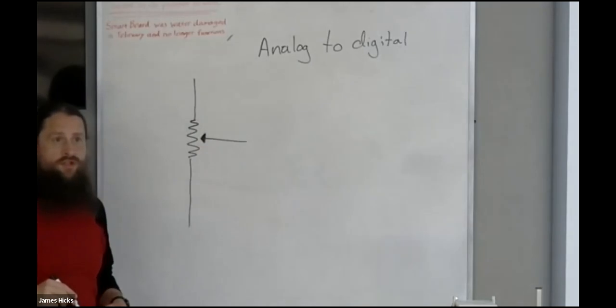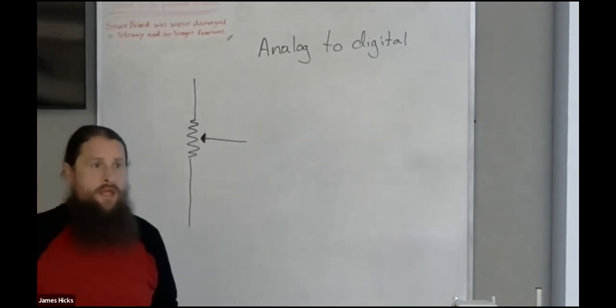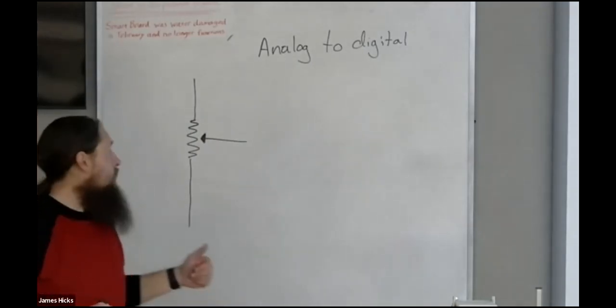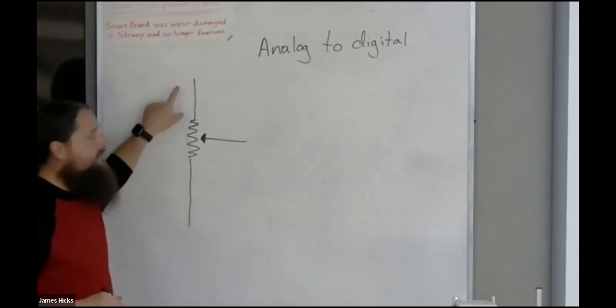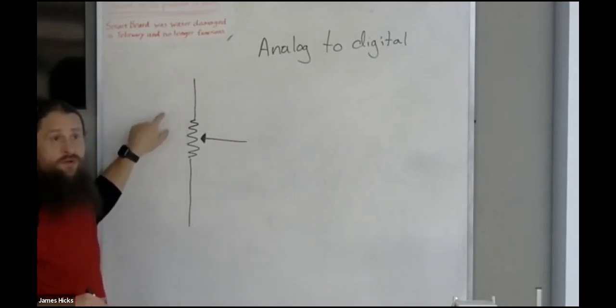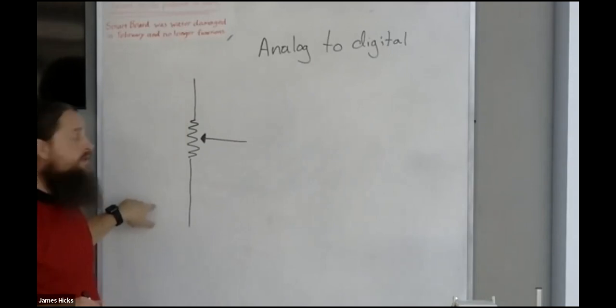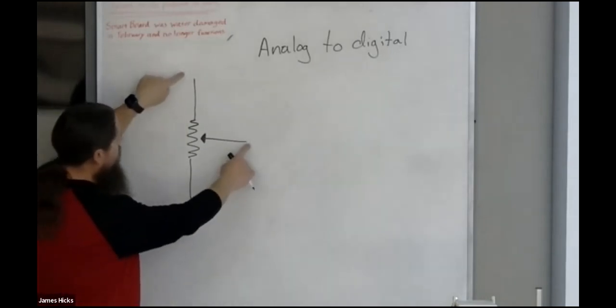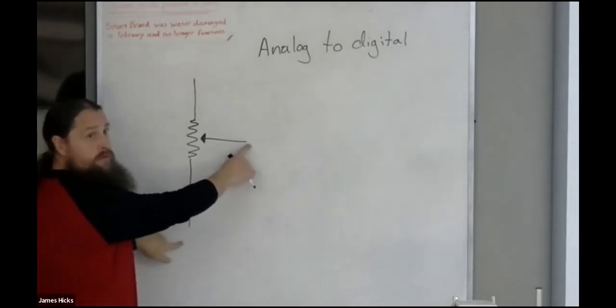Here's my potentiometer. That is essentially a continuously variable voltage divider, where this would be R1 and this would be R2.